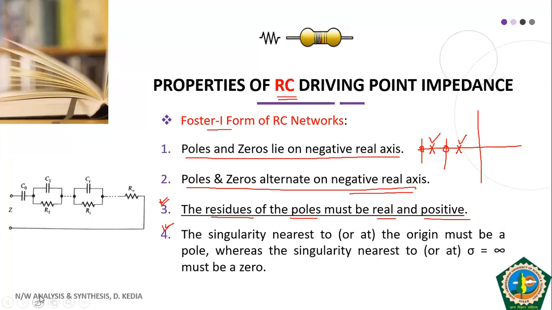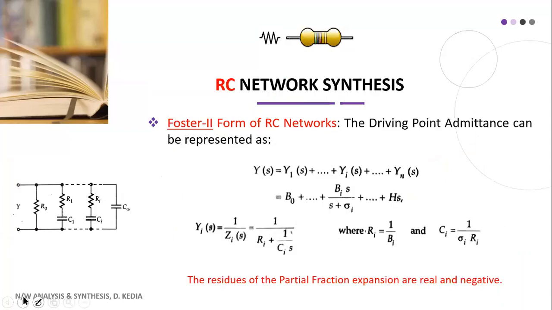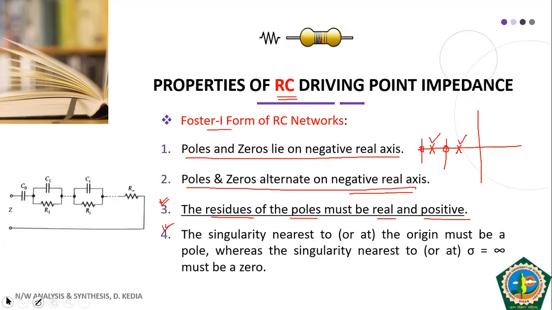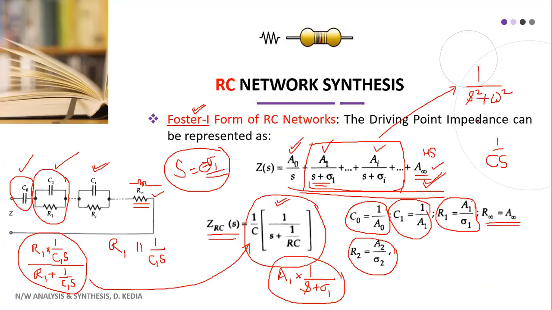Now let us move to Foster 2 form. From impedance, we have moved to admittance, because you can see that this is a parallel network, and a parallel network can be easily represented by using admittance. So here we have driving point admittance function, and in the previous slide, we had driving point impedance function.